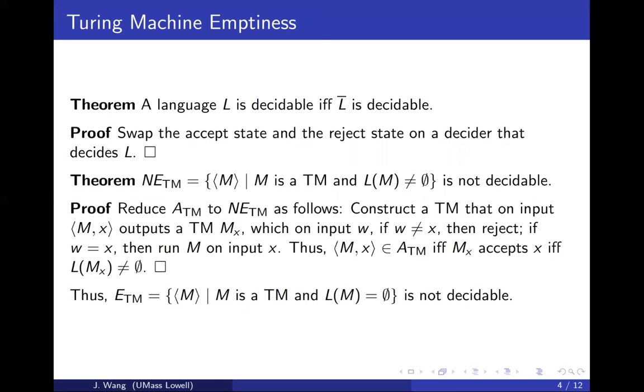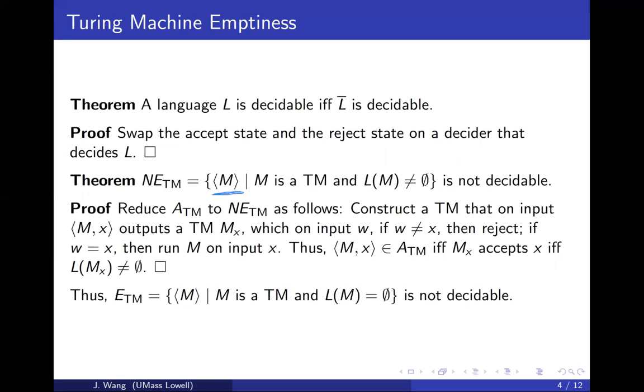Now we're going to look at a new undecidable problem, called NE sub TM. Here we only take an encoding of a Turing machine as input. We want to know whether this M accepts something, in other words, whether the language accepted by M is not empty.